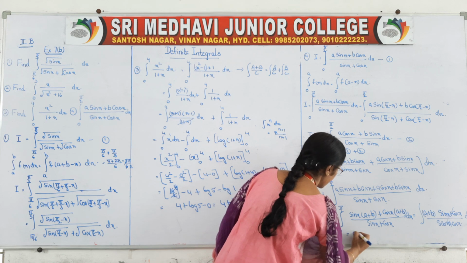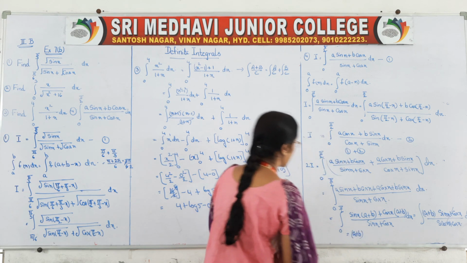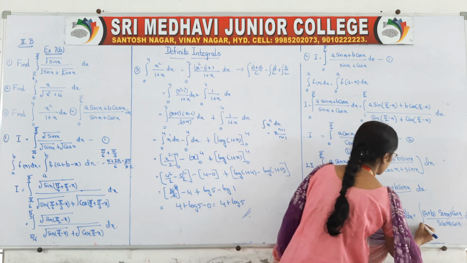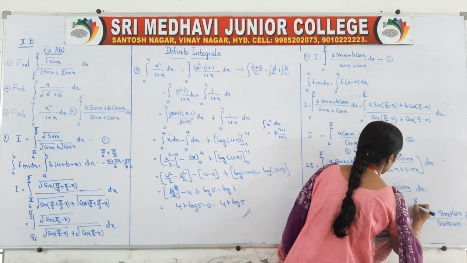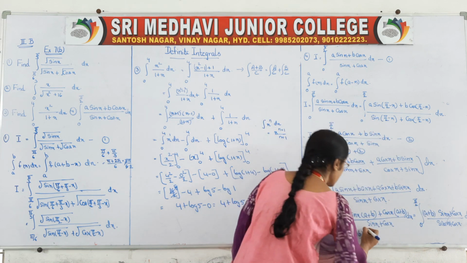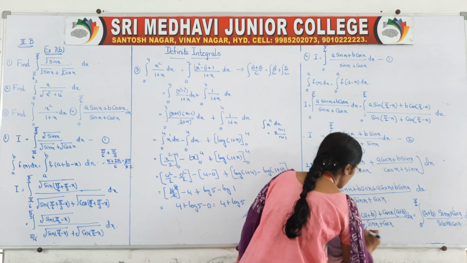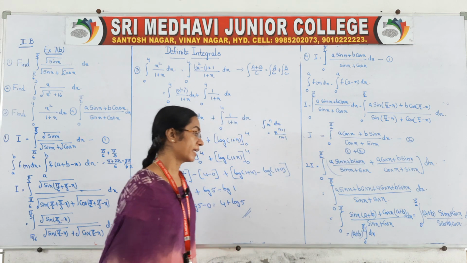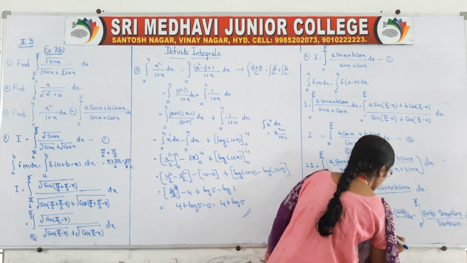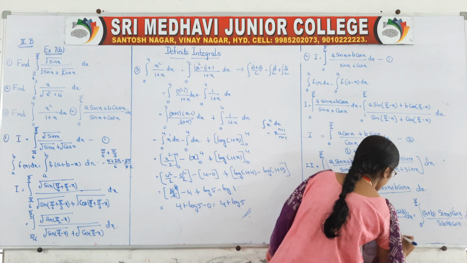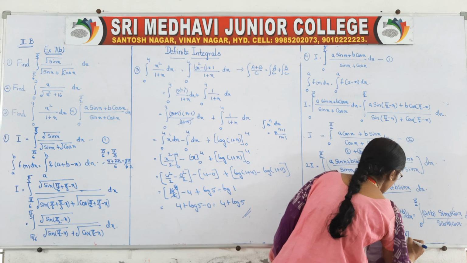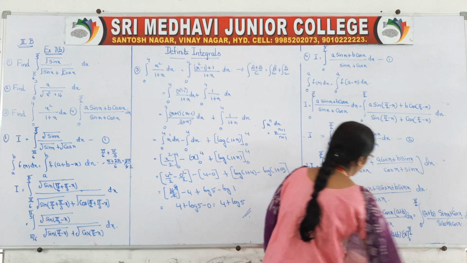We can take a plus b outside, right? What are the limits? 0 to pi by 2. So what is leftover is dx only. Integral dx is x. So it is a plus b into x, with limits 0 to pi by 2.